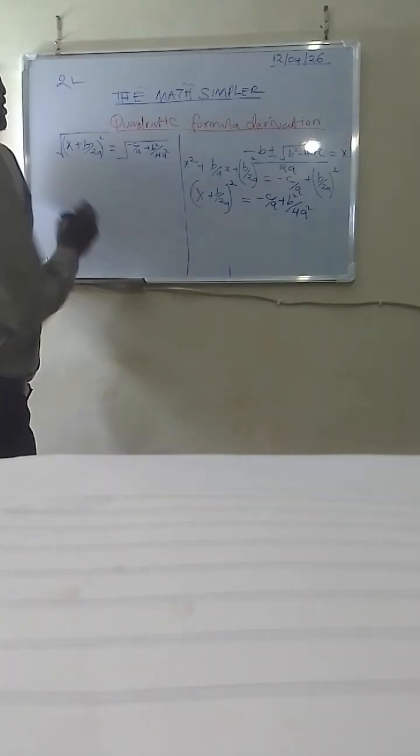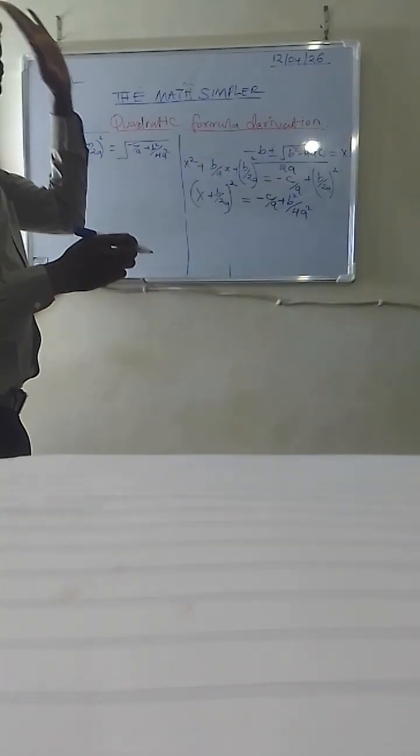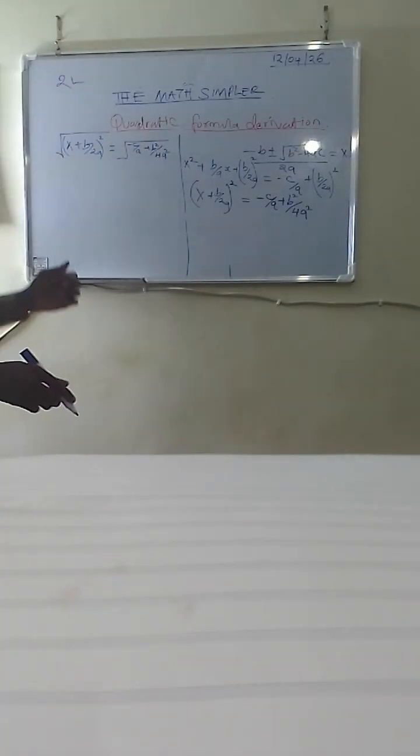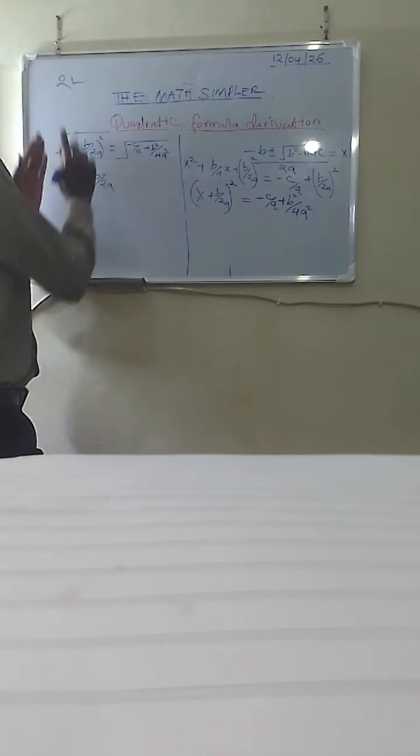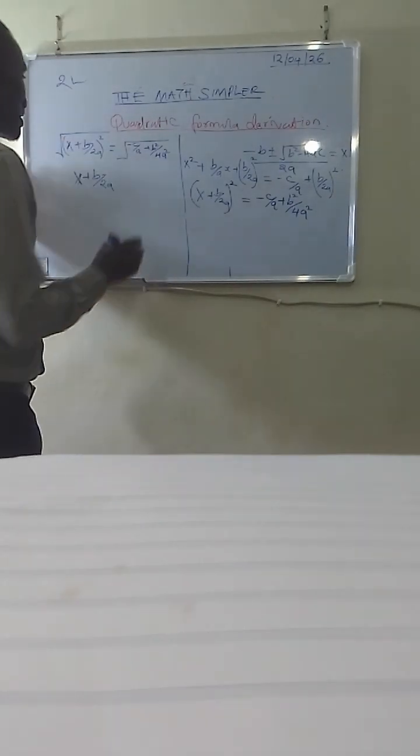So the square root of this must be the same as the square root of that. From this side we shall have x plus b over 2a, because it's combined under one bracket.